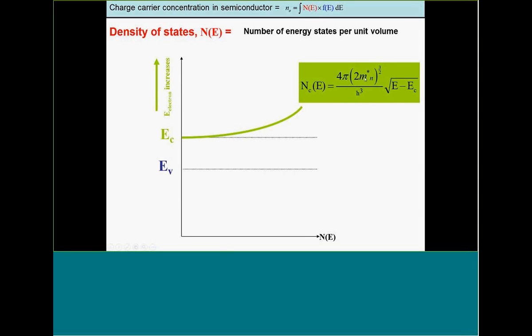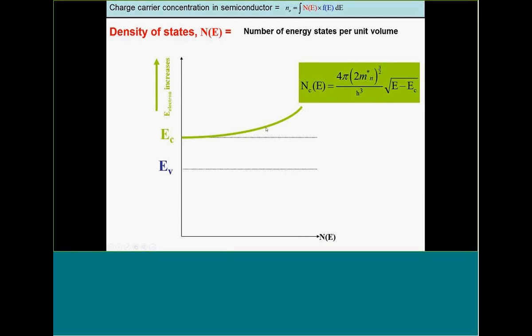We just have to multiply a numeral factor to our mass of electron so that it represents the effective mass. So this is the equation for this curve.